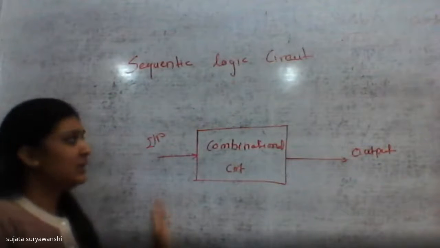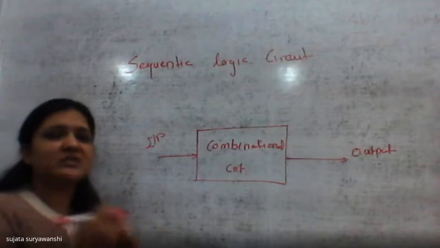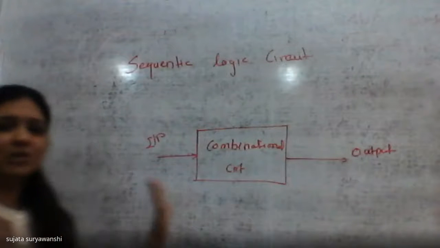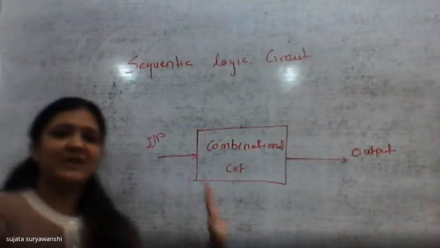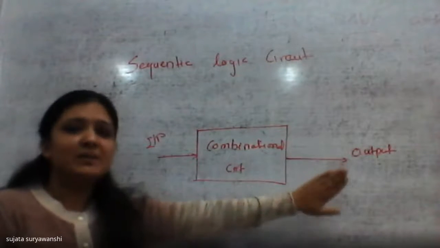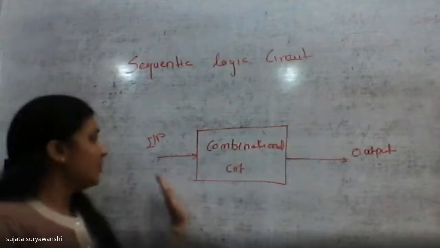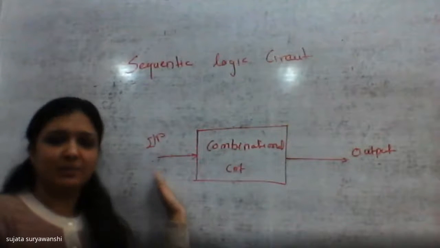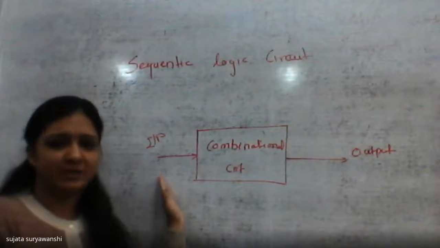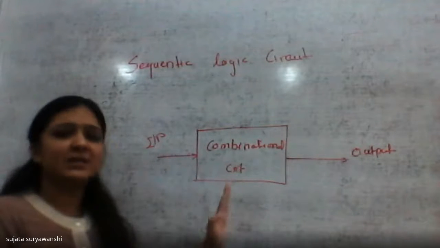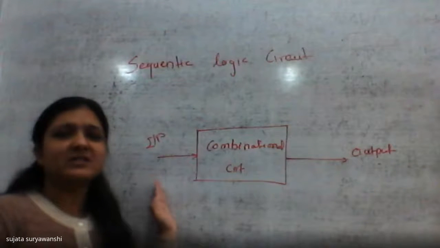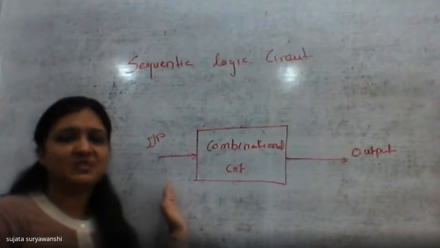Now we'll see the difference between the combinational circuit and the sequential circuit. The output of any combinational circuit depends upon the combination of the present input signals, meaning it works on the external input of the present state only.